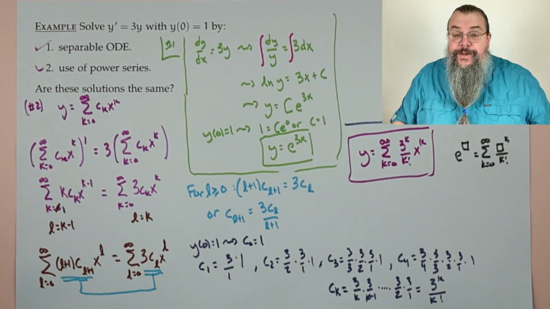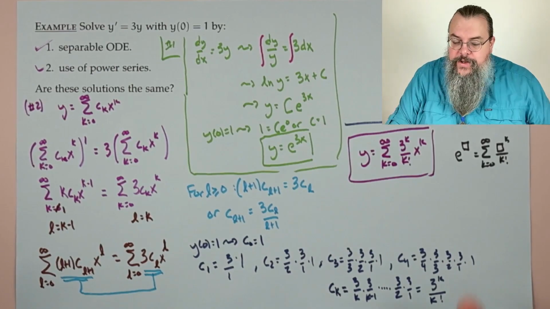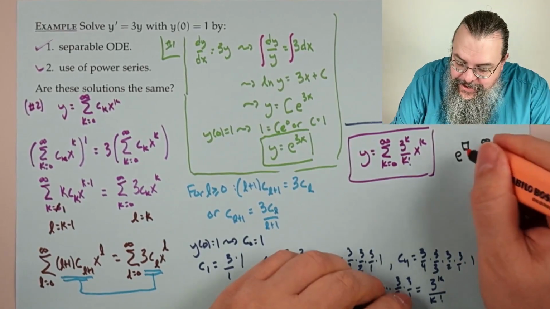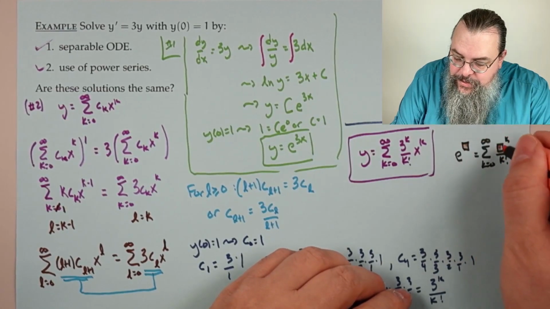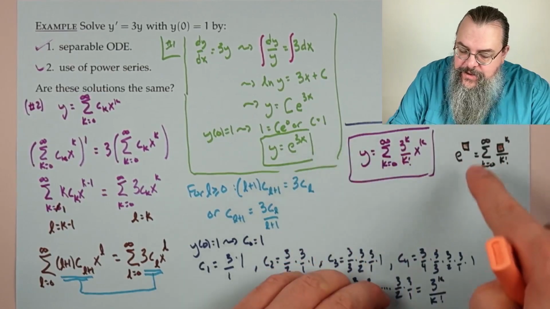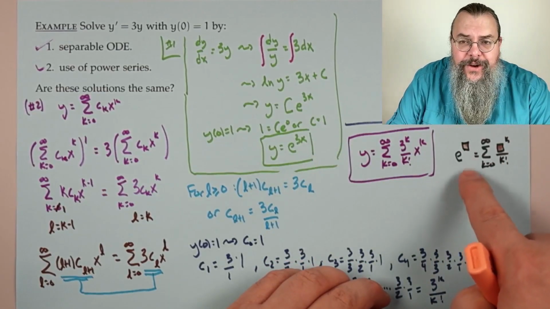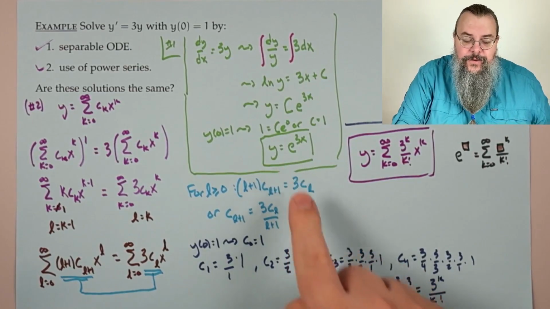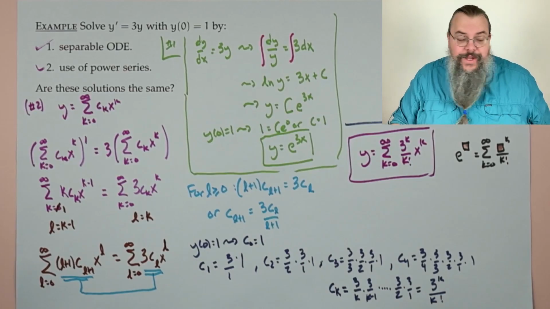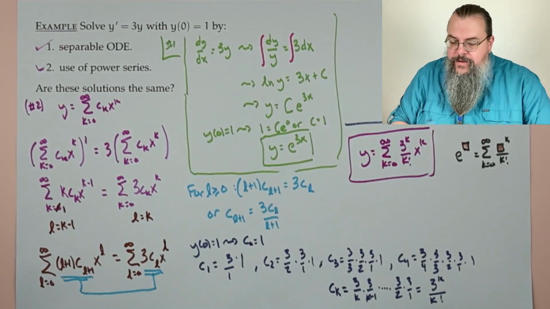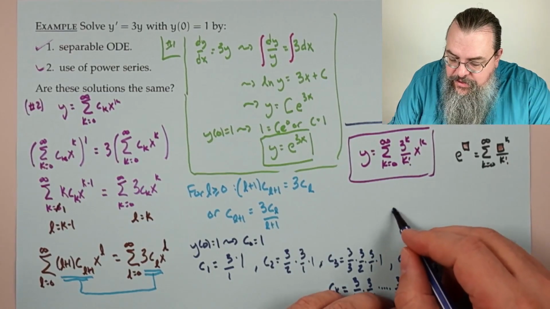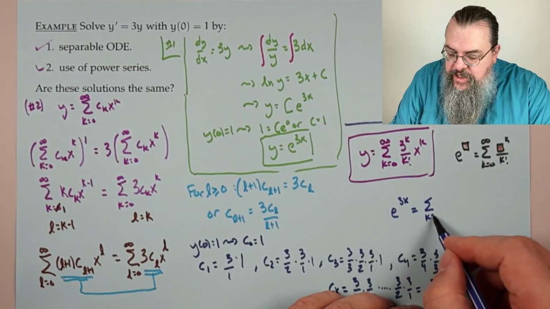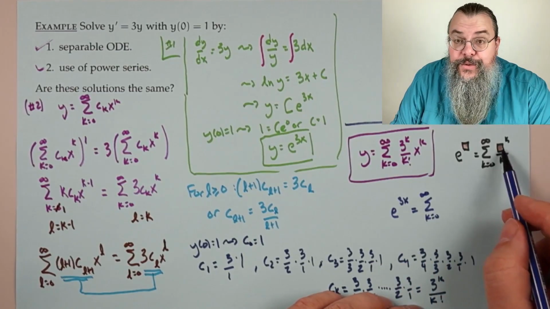And of course, there's always the age-old question, what's in the box? What's in the box? So we say, okay, what would fit here? Because we do think that we have e to the 3x, so it should look like that. So let's actually start with this. We have e to the 3x. Let's plug it in and see what we get. So e to the 3x, what is that? Well, that's the summation, k equals 0 to infinity. You put 3x in the box.